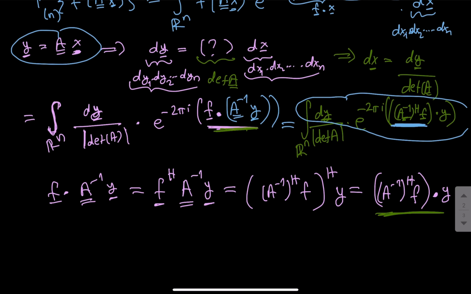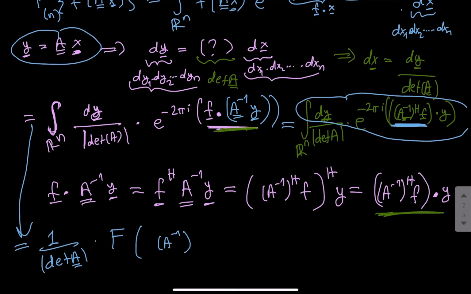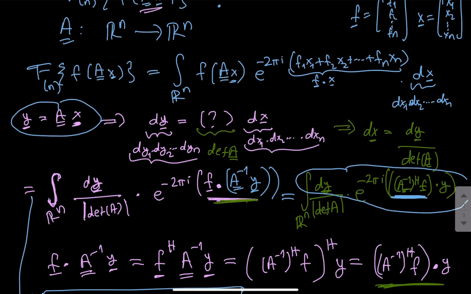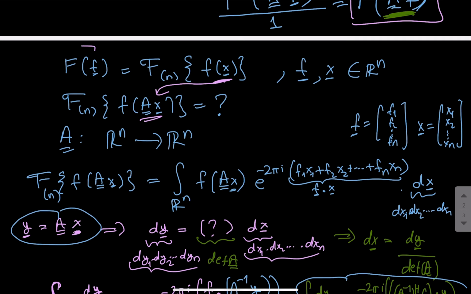So this whole integral is equal to 1 over the absolute value of the determinant of A times F of A inverse Hermitian f. And remember that we defined F, the big F, over here in the beginning. It was the Fourier transform of f of x.